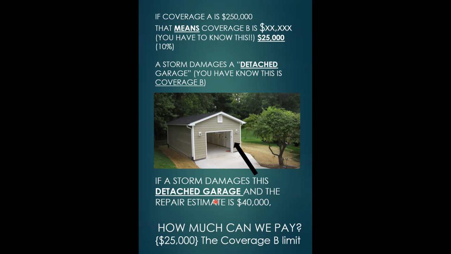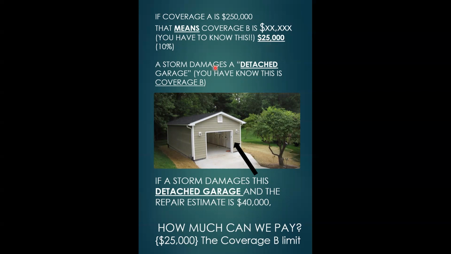And immediately when you see that, you have to know that coverage B is $25,000. That's the whole point of telling you that coverage A is $250,000, so that you can immediately, hopefully, recognize that coverage B by default now is $25,000. That's all you have to work with for all damage to coverage B.